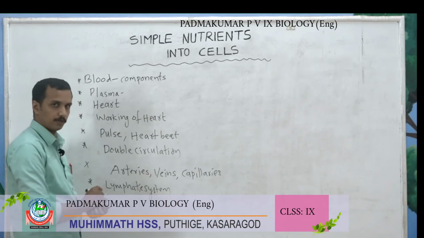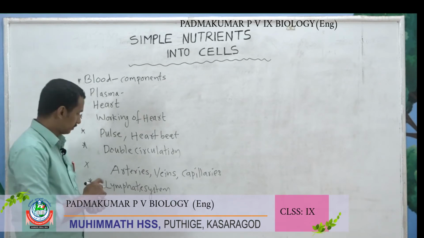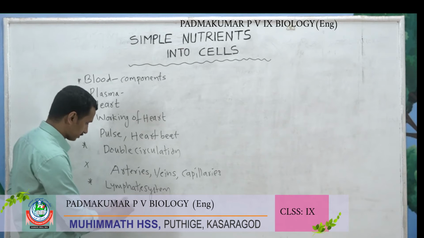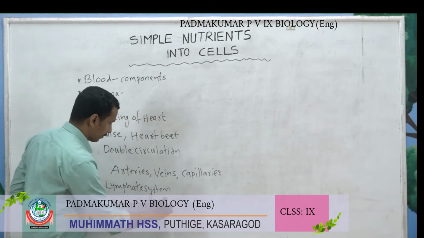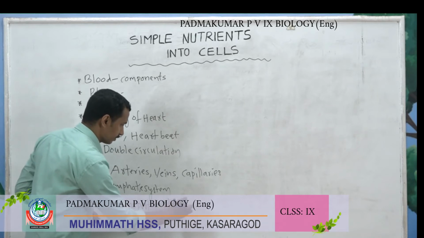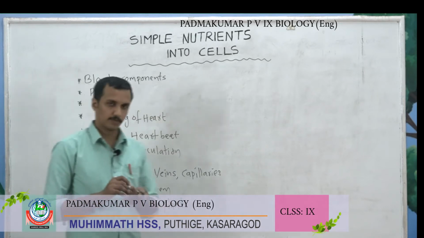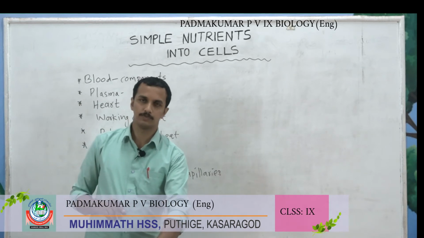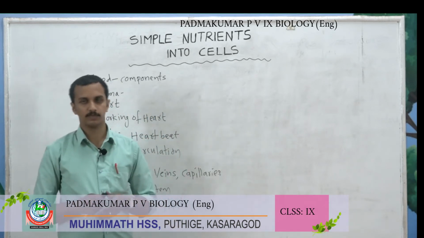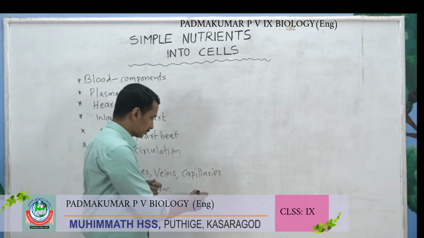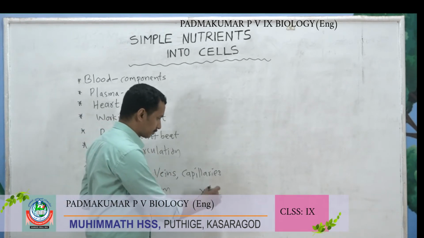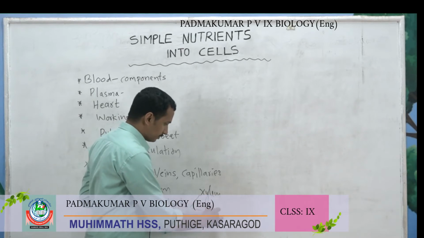Next, finally you have to study about transport in plants. That is, you may have heard about different types of transport mechanisms or different conducting tissues. That is xylem transport and phloem transport.